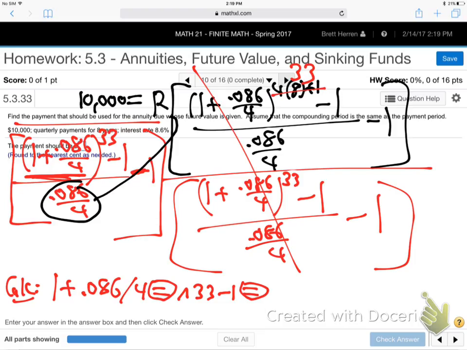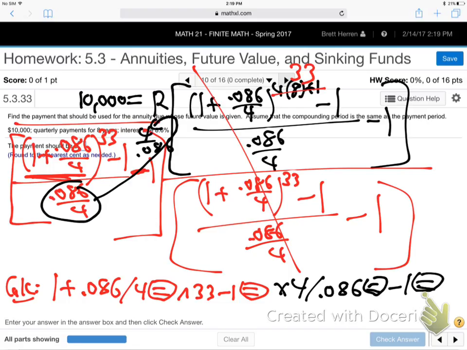So I'm going to flip this guy up and it becomes 4 over 0.086, right? Times 4 over 0.086, then it equals minus 1 equals, and then 10,000 divided by answer. Woo! Did you guys follow all that?